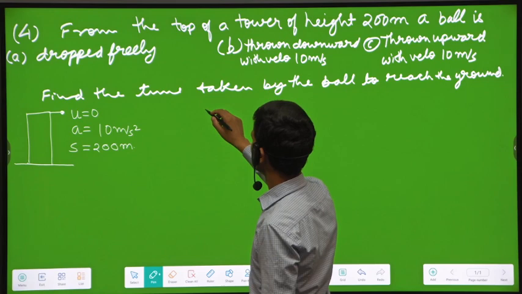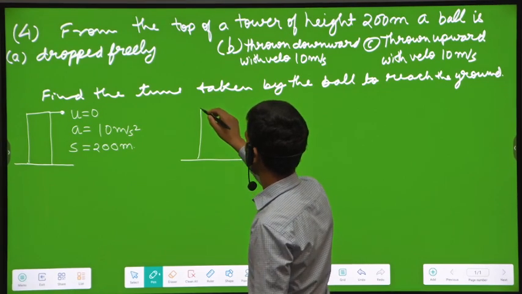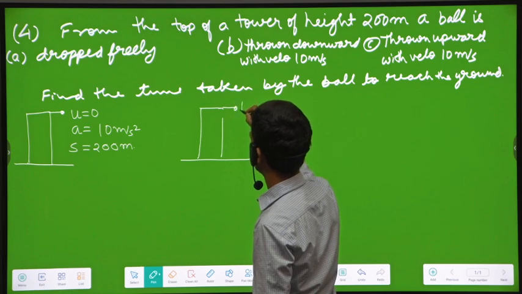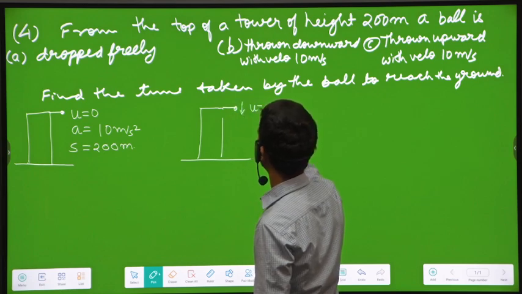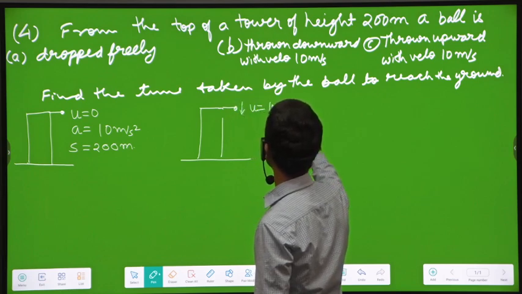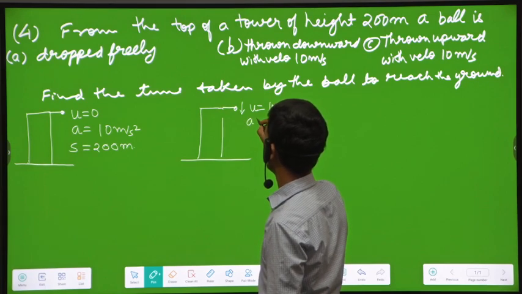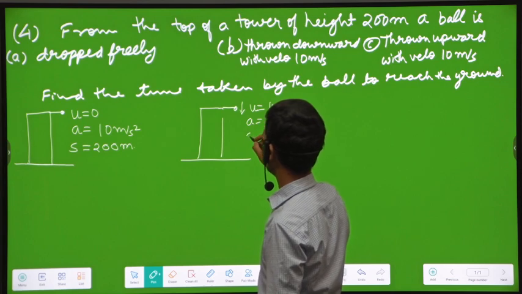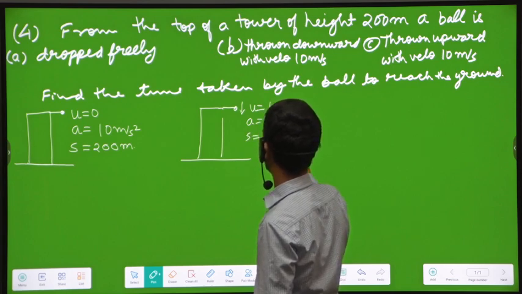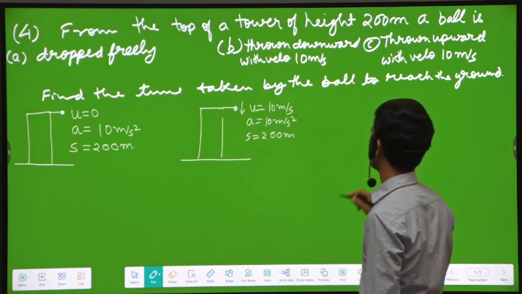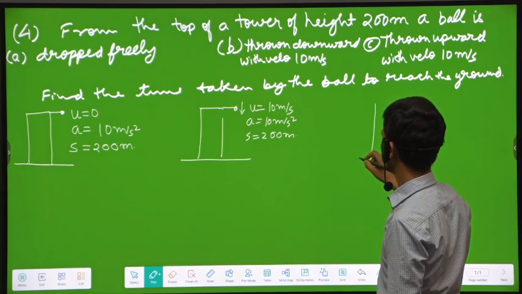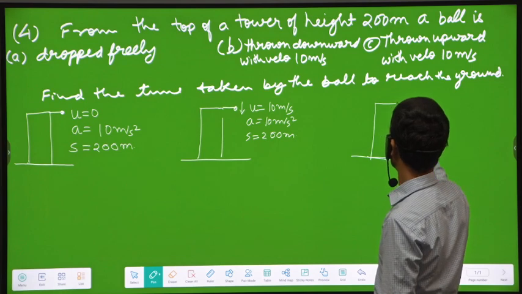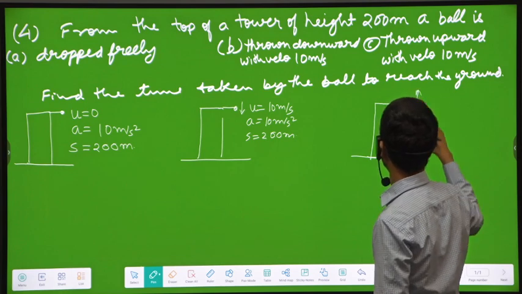Here the situation is same, but this time body is thrown with velocity 10 meter per second. Again acceleration is 10 meter per second square and s is 200 meter again. But here situation changes. We have thrown it upward.